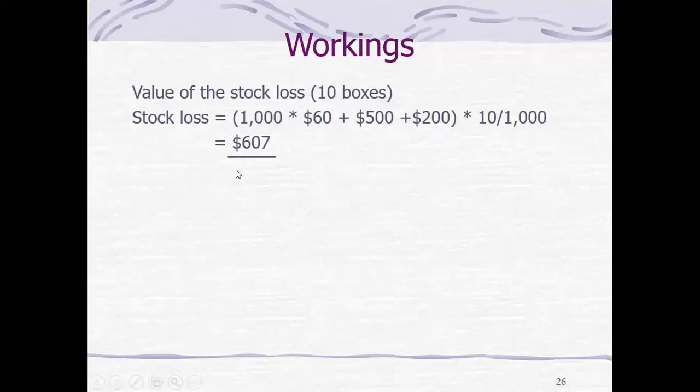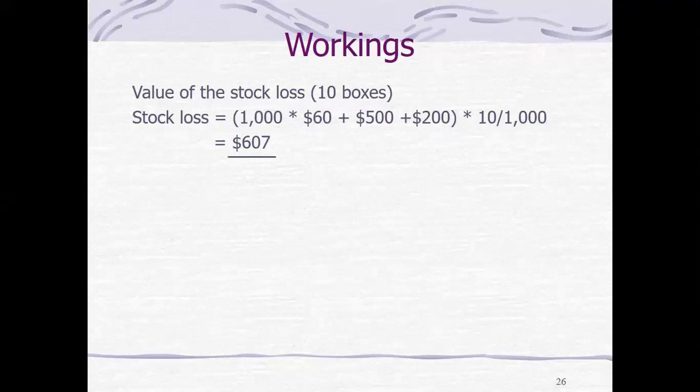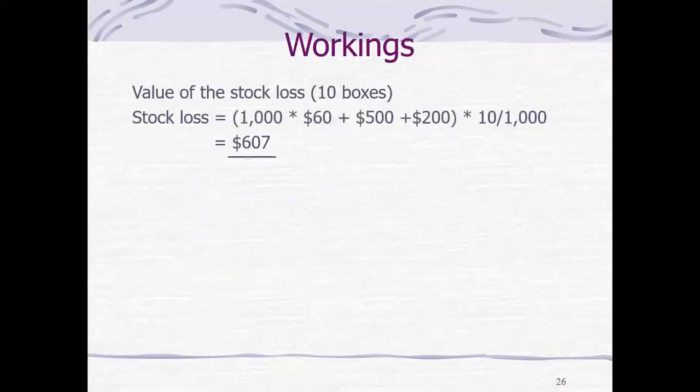And then we multiply that by $60. So we actually get 60,000, which is the goods on consignment. And then we can also notice that we added 500 and 200, which are actually the bank freight and insurance, which are the directly attributable costs spent by the consignor.